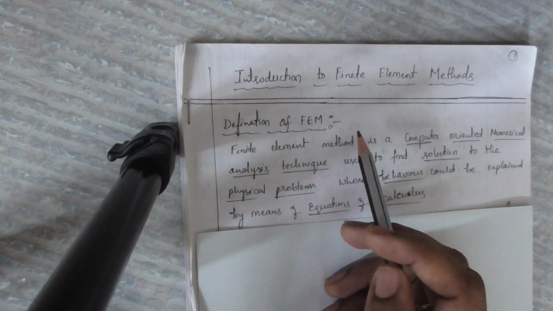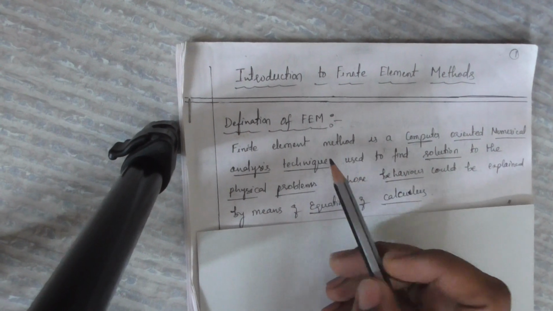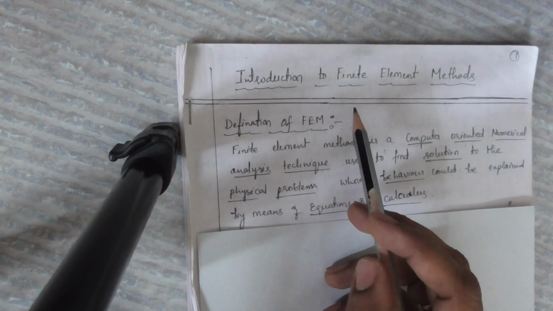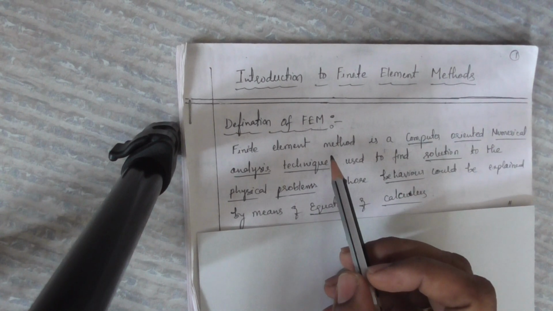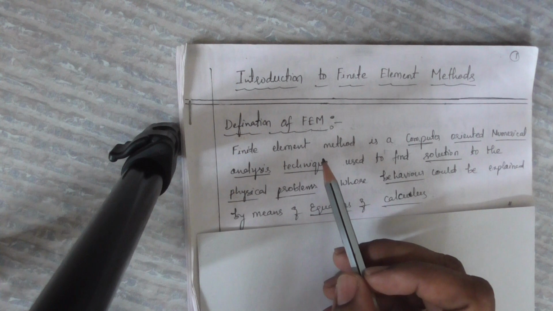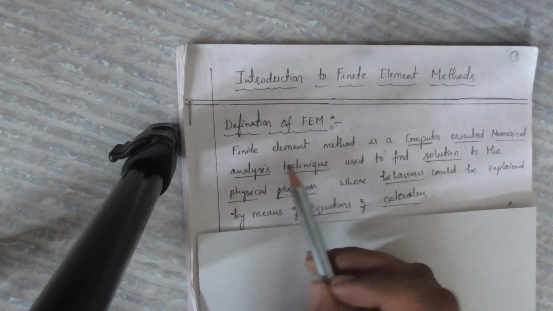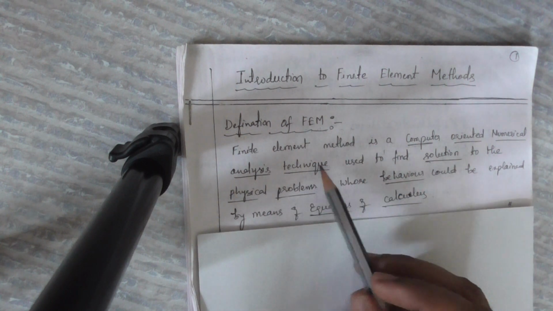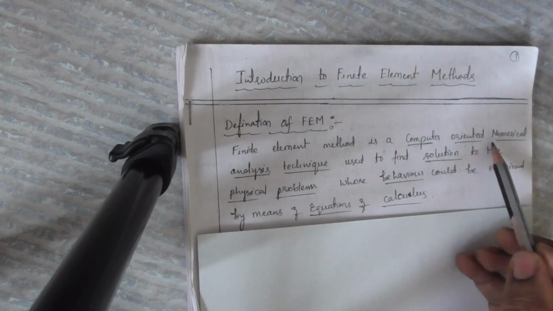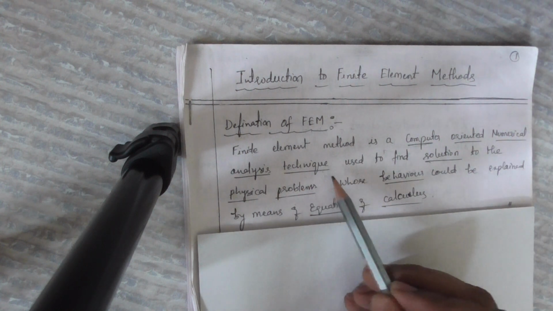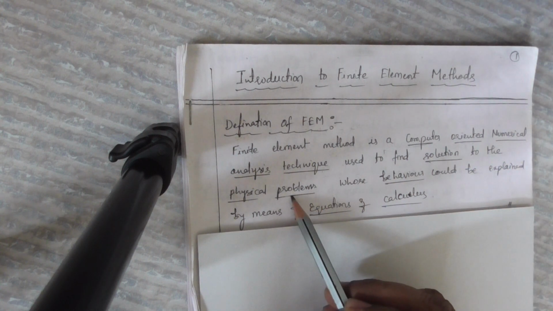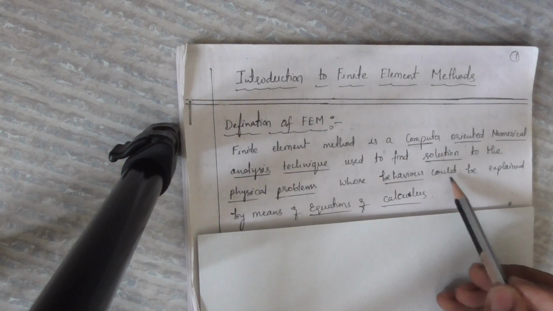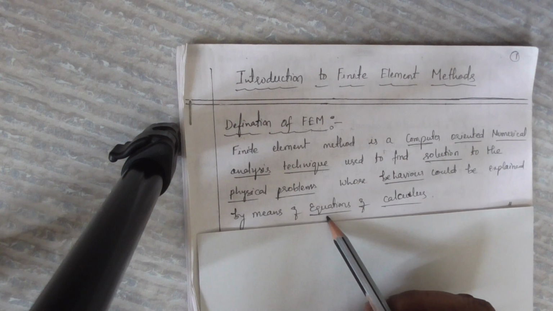So, before starting this chapter, let me discuss what exactly the definition of the finite element method is. The definition goes like this: finite element method is a computer-oriented numerical analysis technique used to find solutions to physical problems whose behavior could be explained by means of equations of calculus.